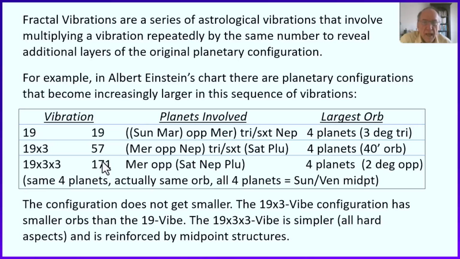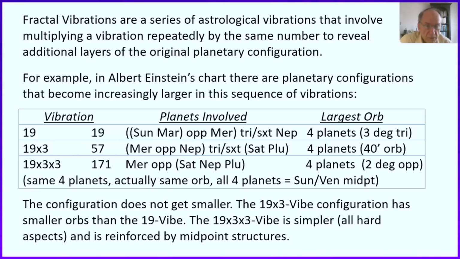I'm going to show you these vibrational charts, and what we're going to see is that in all 3 of these vibrational charts, we're going to see 4 planets involved in a planetary configuration, and the same planets being repeated at each level. So let's look at it.